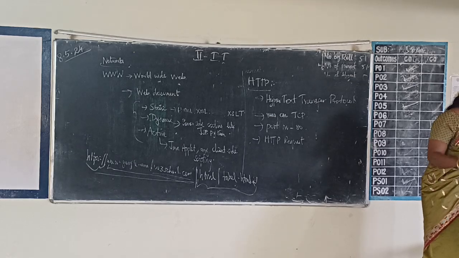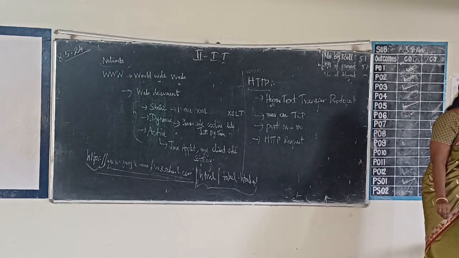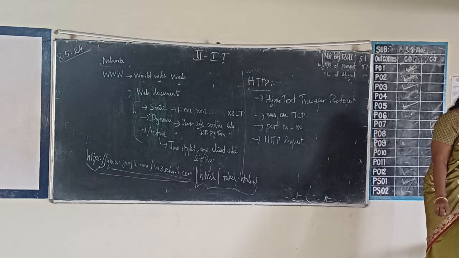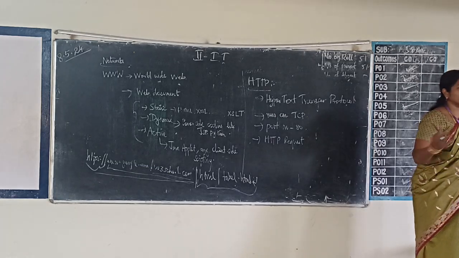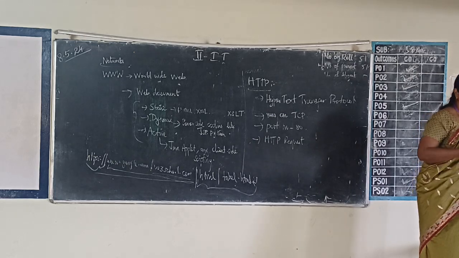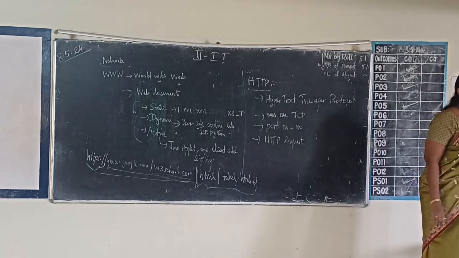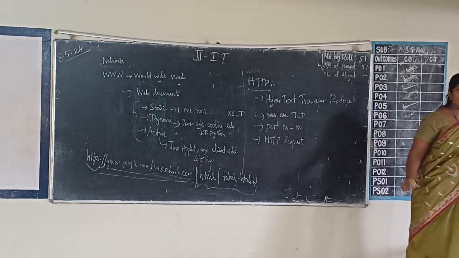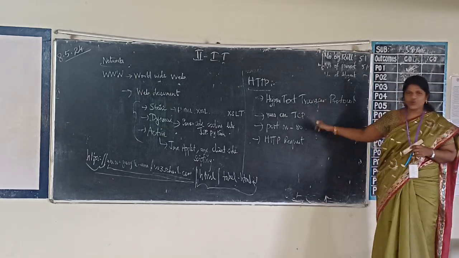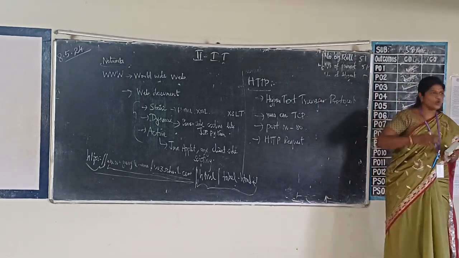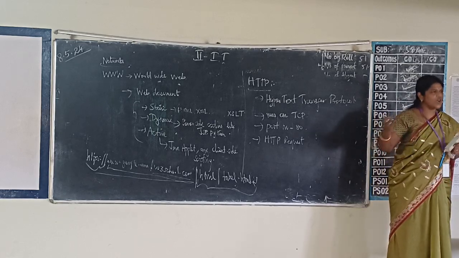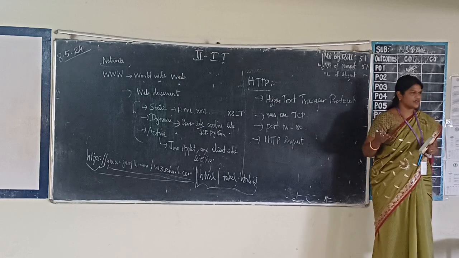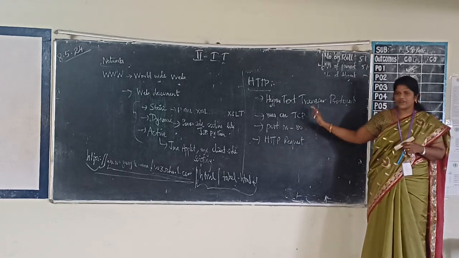Transmission Control Protocol is used to transfer data or documents over a network. HTTP uses TCP to carry messages from one network to another on the internet. Clear? So that is the use of TCP.